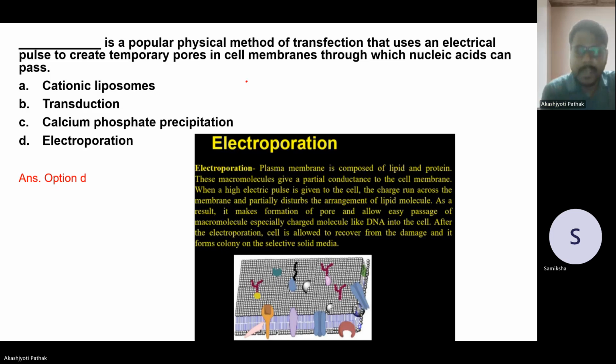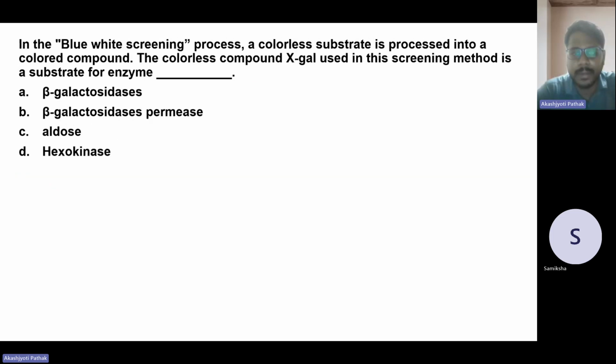DNA is a charged, hydrophilic molecule, so you have to apply some physical methods by which we can cross the hydrophobic lipid bilayer which composes the cell membrane.